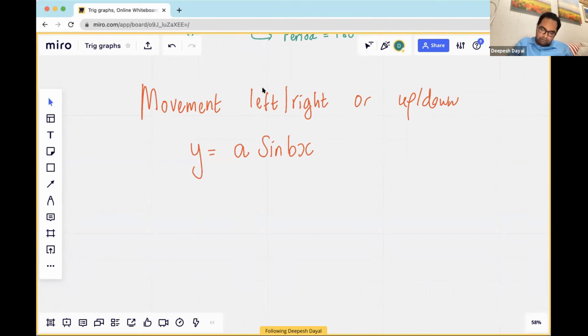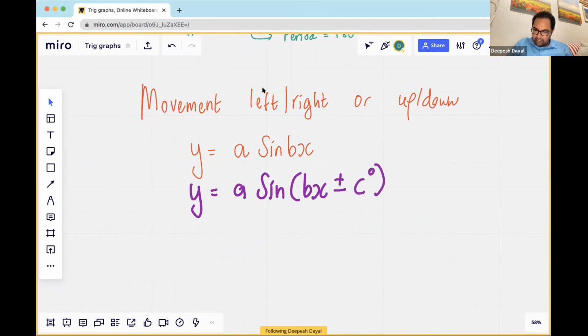Left and right would be, I'm going to put this in another color, y equals a sine (bx plus or minus c) degrees, and then the up or down is plus or minus d, right?